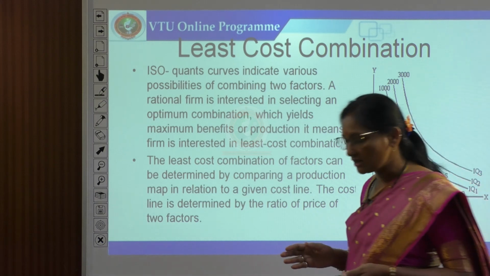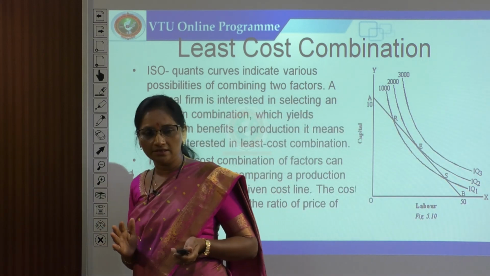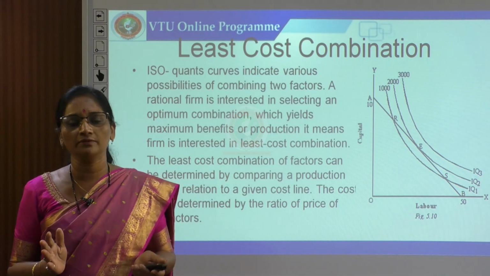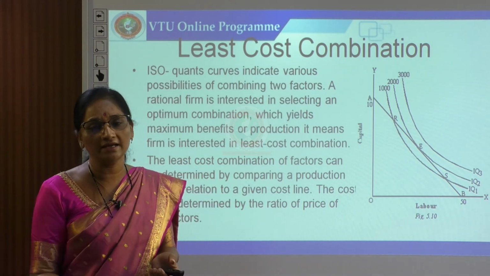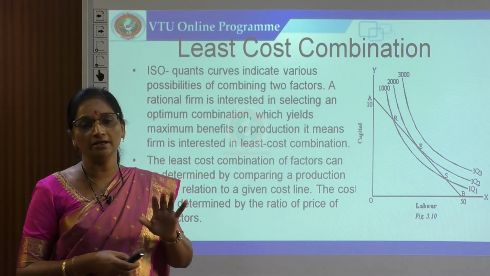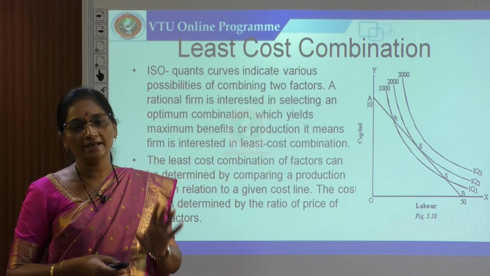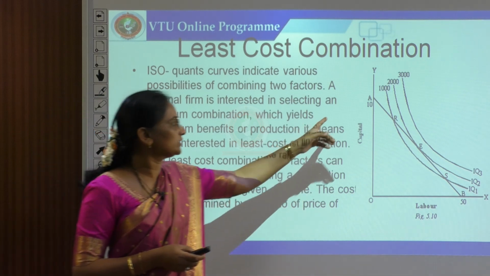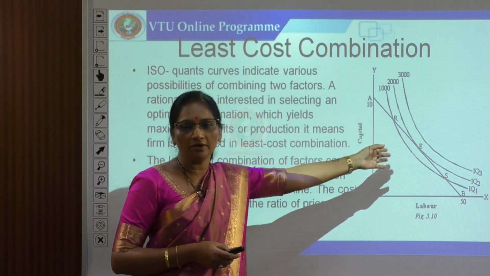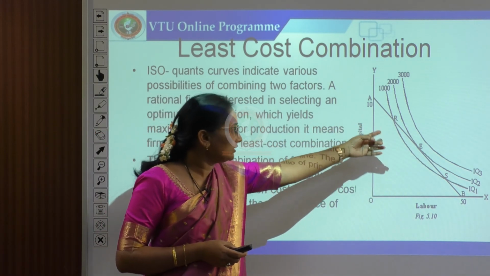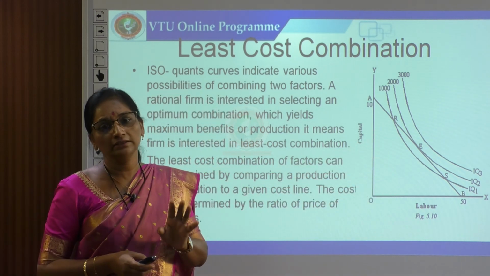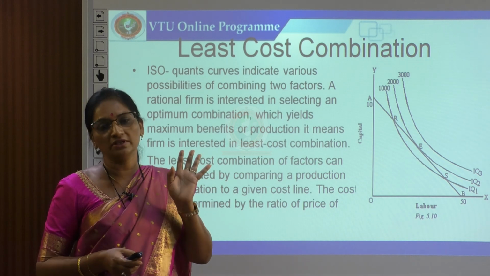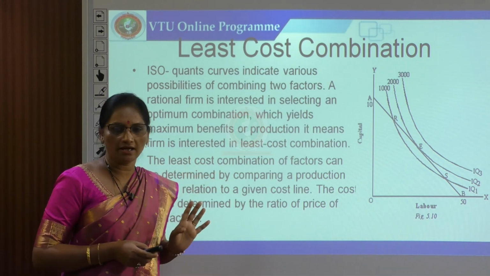Every organization has its own budget line. One may be a 100 crore investing company, another 1000 crore, another 10 lakhs, another 50 lakhs, whatever it may be. Everybody has their own budget line. These combinations are all tangent to that budget line for a particular firm, which means the combinations are within the budget of the organization.